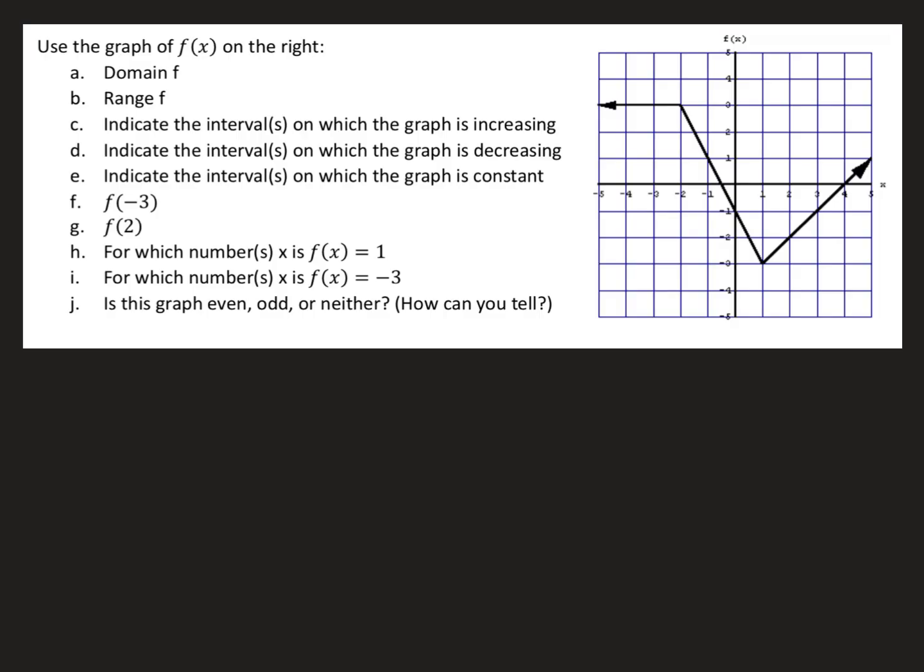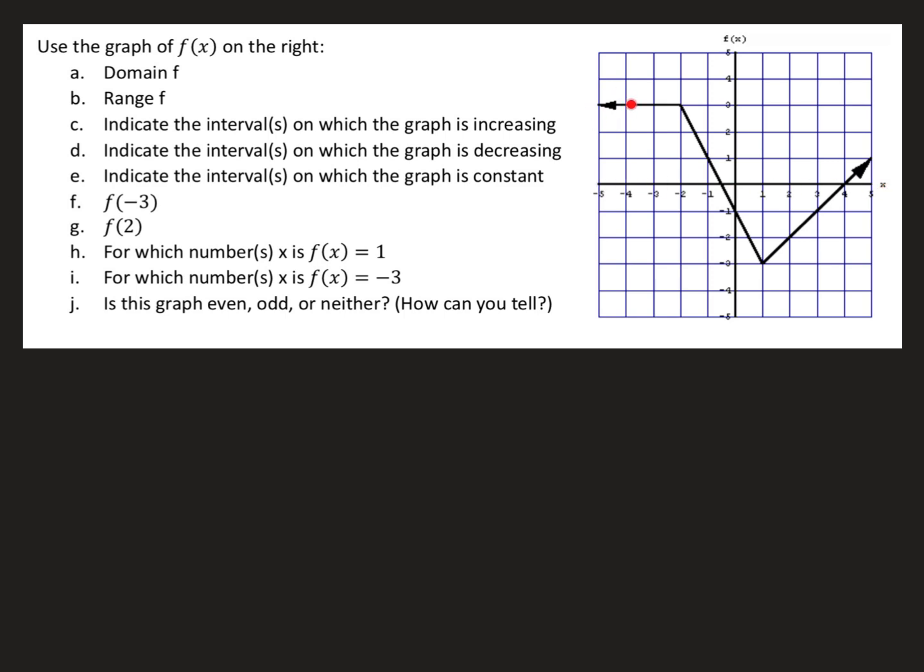To round out the function basics review here, we will just look at a bunch of different characteristics for the graph on the right. So use the graph of f of x on the right to find the domain of f. To find the domain from a graph, not from a function like the previous couple slides, we go negative to positive in the x direction, in this case left to right.